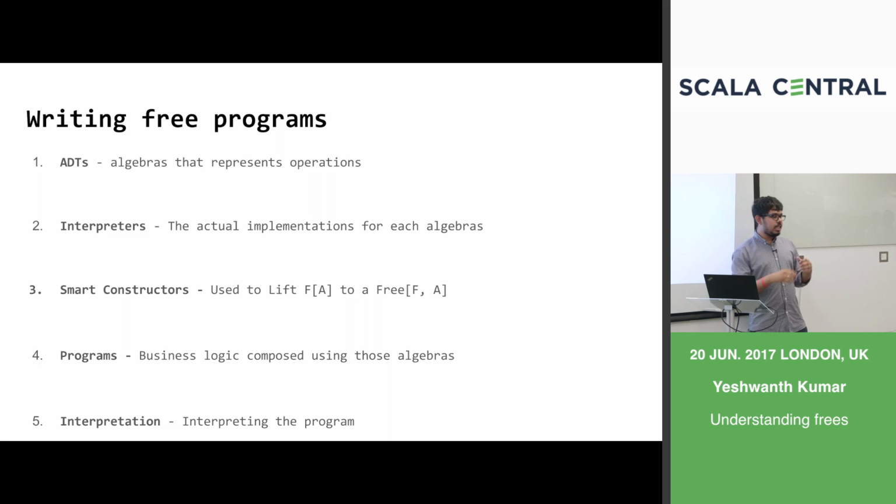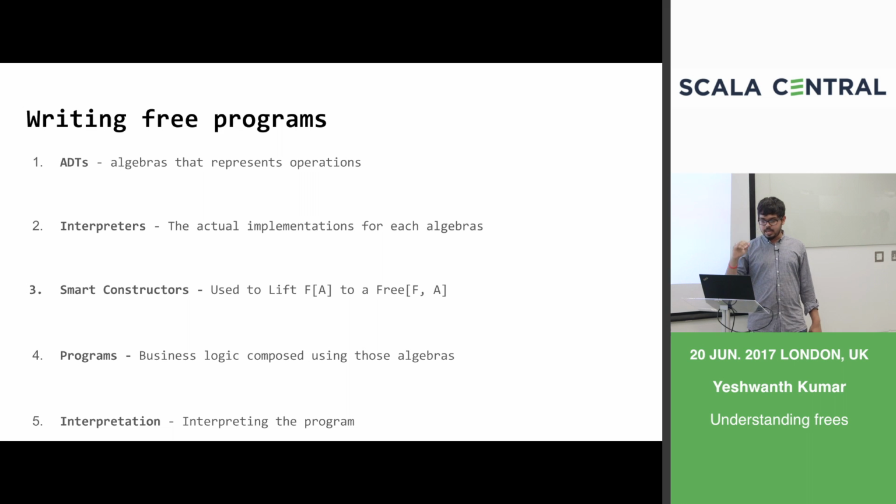And program: you've defined all your operations, and obviously you want to use them to write your business logic. You want to do a get, then store something, do some pure logic, and so on. They represent your business logic, and you compose them using your algebras.